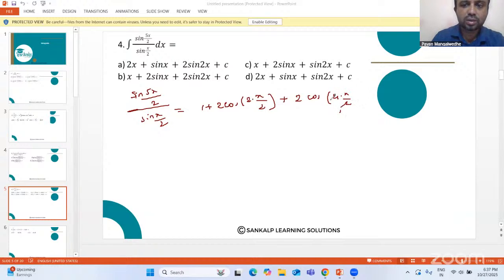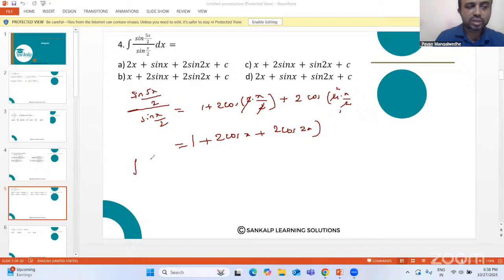The 2 and 2 got cancelled, so it is left with 1 plus 2 cos x plus 2 cos 2x. We are left with this. And finally, integrating this, we are going to get the answer; let us try to understand this.